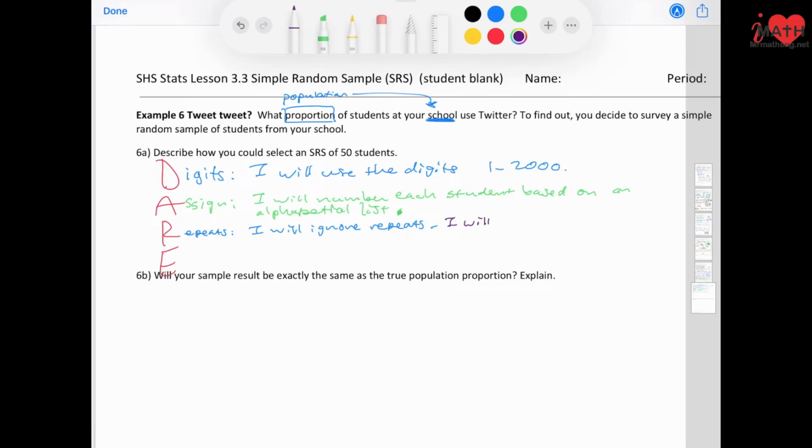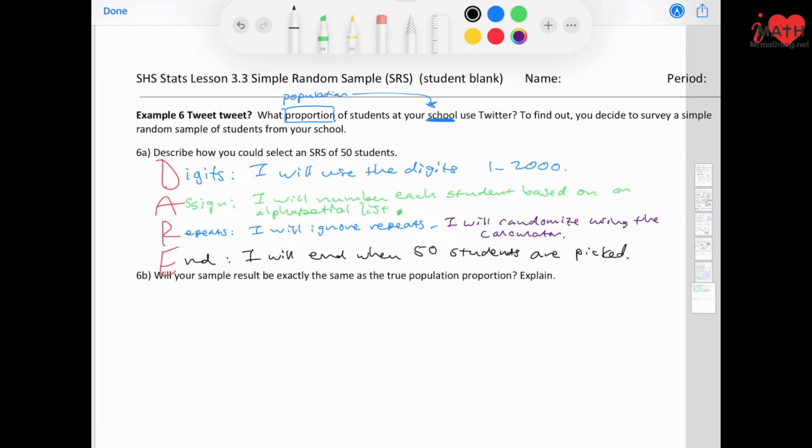I will randomize using the calculator. I want to show you that. And how will this end? It will end when 50 students are picked.